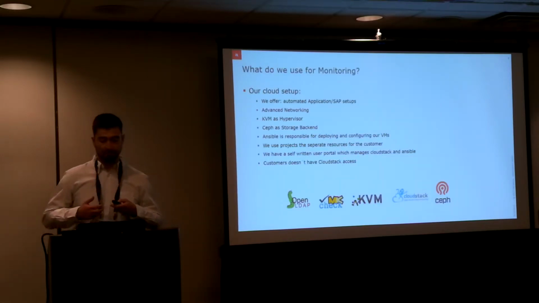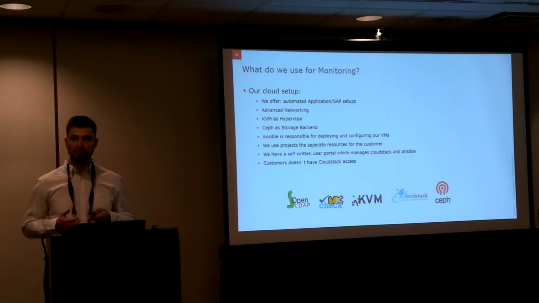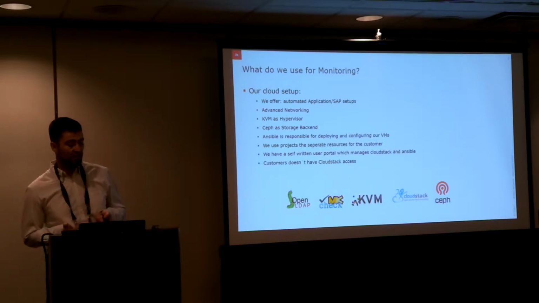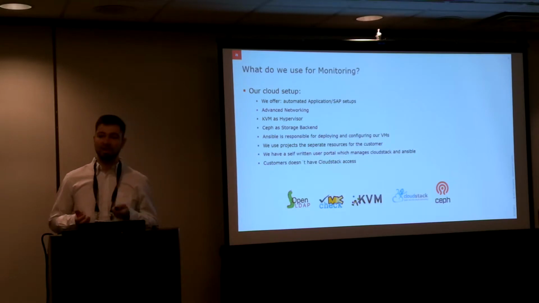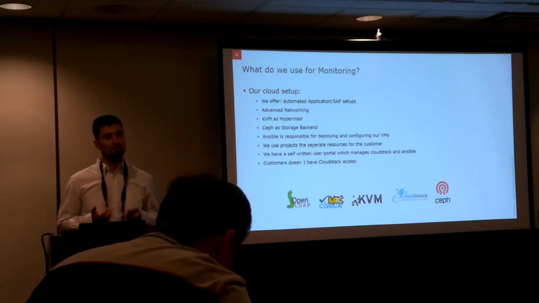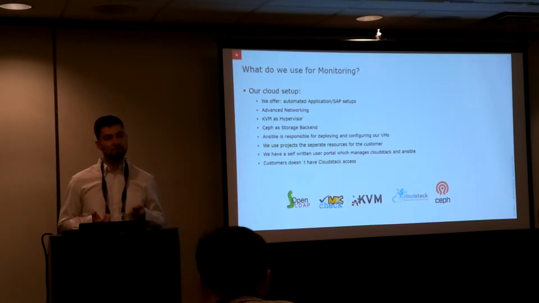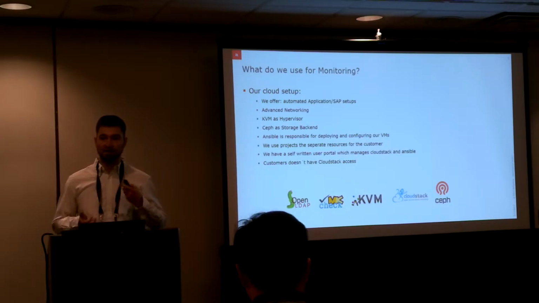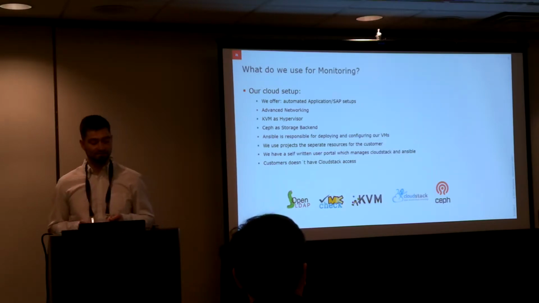Okay. But first I want to give you a short introduction of what our cloud is about. Of course, we use CloudStack as the heart and orchestrator of our cloud system. So we have an advanced networking setup with Ceph as our storage backend, with KVM as the hypervisor. And the main purpose of our cloud is to deliver automated application setups, especially for SAP systems like HANA, S4, and also R3 systems.